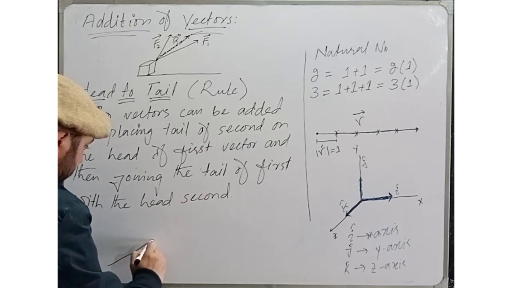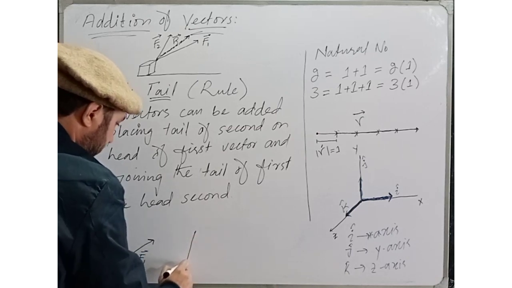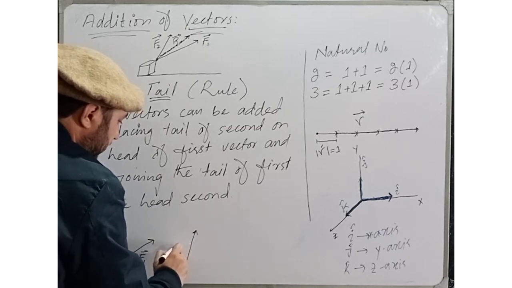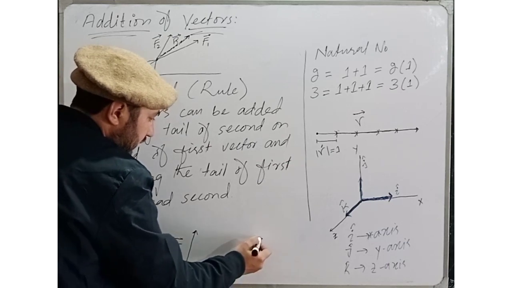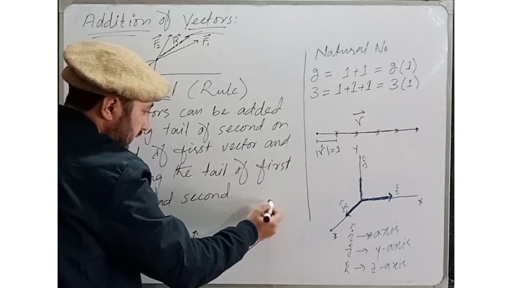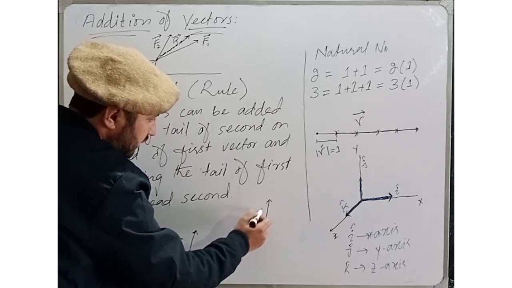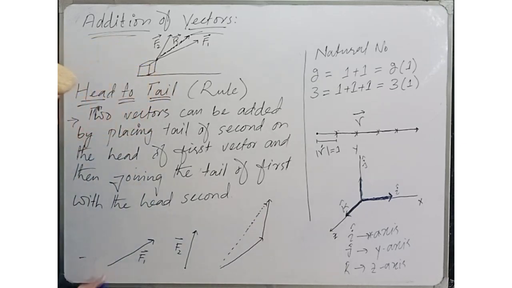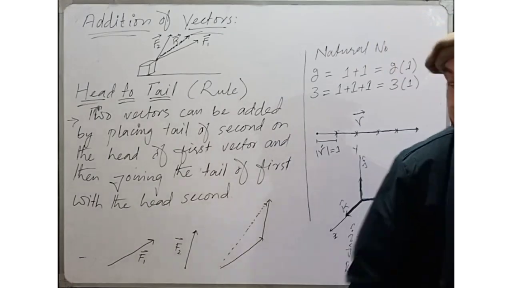Let us take those two forces. One force is in this direction, F1, and another force is in that direction, F2. In order to add such two forces, we have to place the tail of the second vector on the head of the first vector, and then join the tail of the first vector with the head of the last vector. So this would be the resultant. But in order to express vectors in terms of their magnitude and direction, we need a reference frame, and that is the Cartesian coordinate frame we discussed in our last lecture.